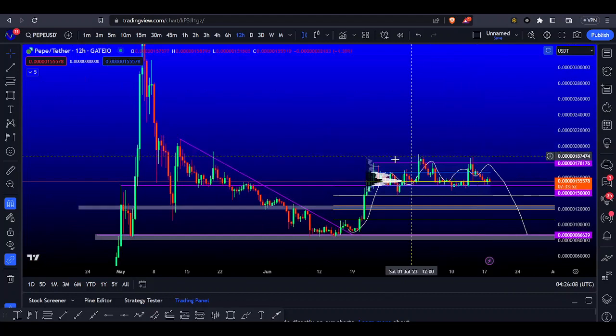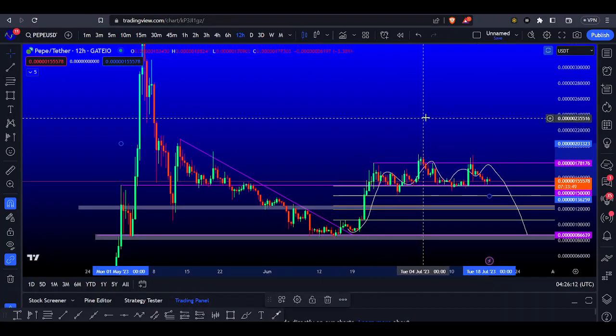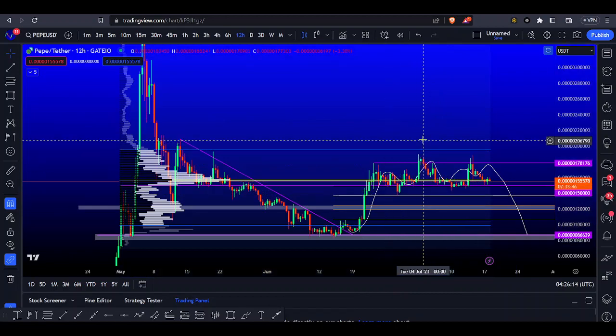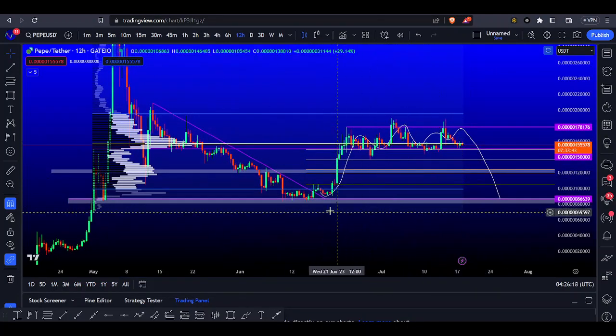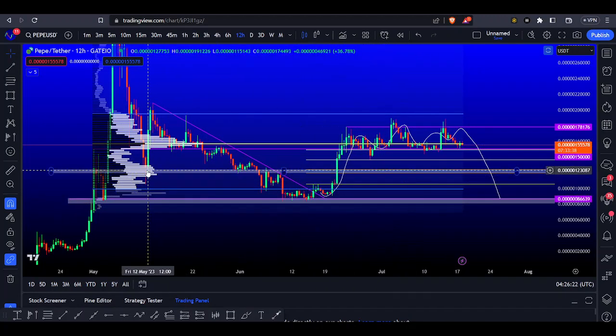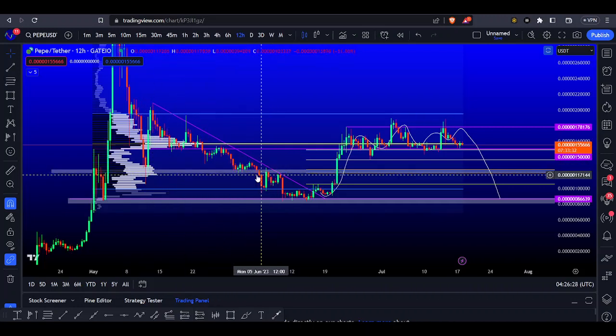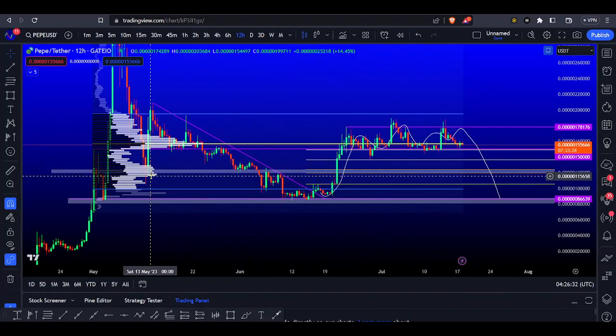So what happens if we pull this fixed range volume profile all the way back to here? Let's see how things line up. Point of control, still basically in the same area, value area low, right around here. But then look, there's a lot of volume right here. A lot of volume was traded here, so this is definitely going to be a key support zone because price likes to find the area where volume was traded the most, because that's more than likely where a lot of the stops are.